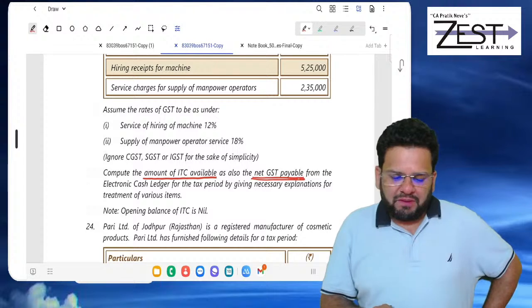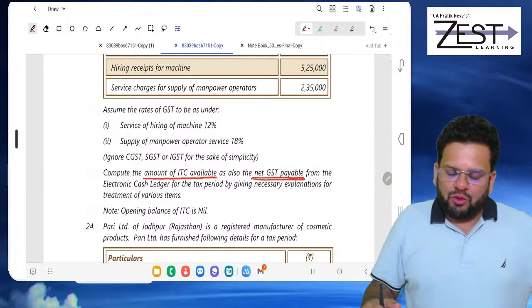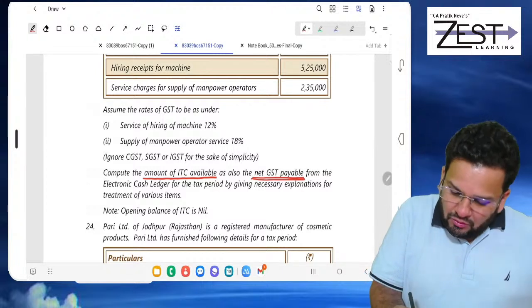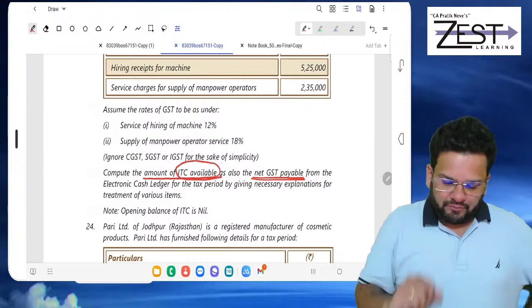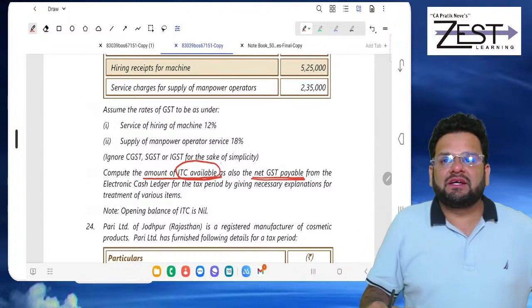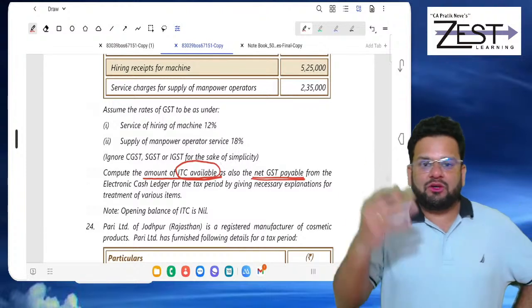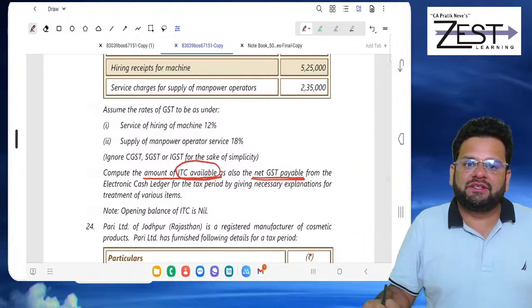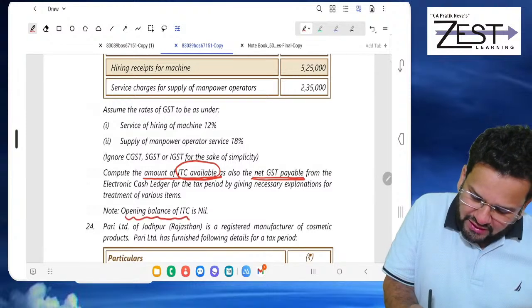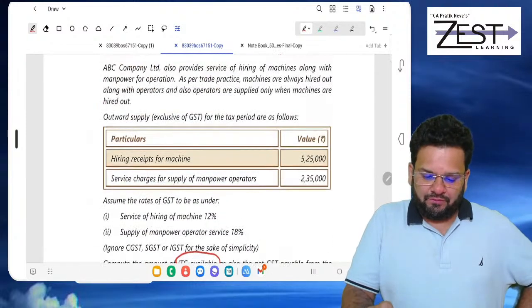Net GST payable we will get when we do output tax minus input tax credit. But for that, first we need ITC. Then afterwards we can get output tax. So we can do output tax minus input tax credit, and we will get net GST payable. And the opening balance of ITC is nil.